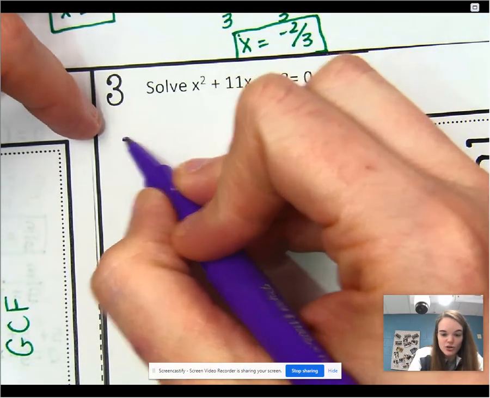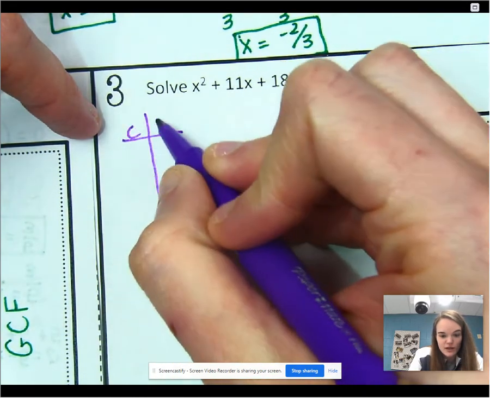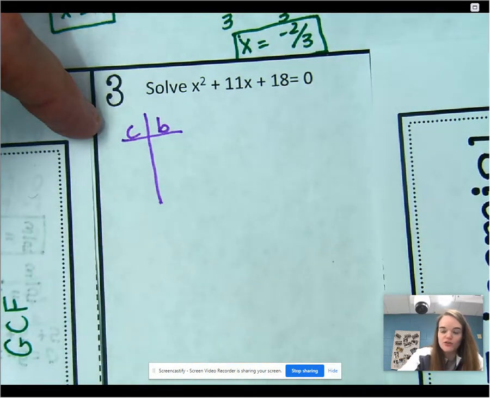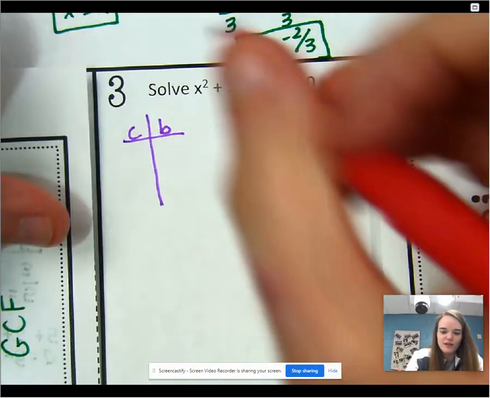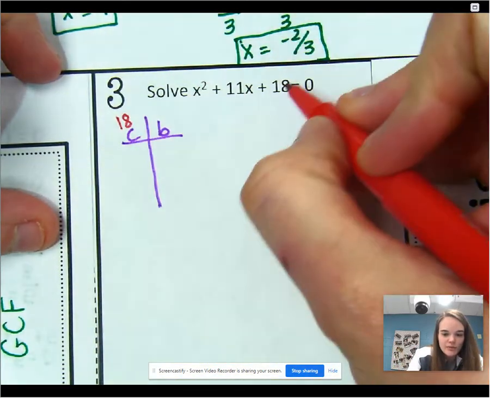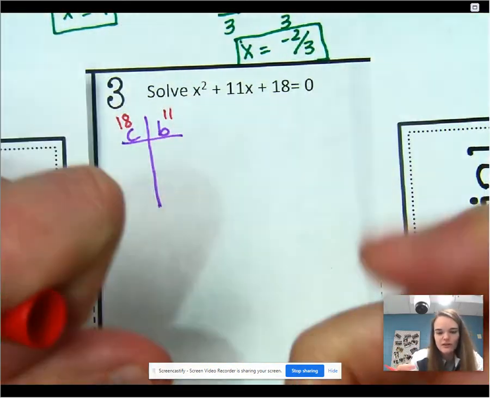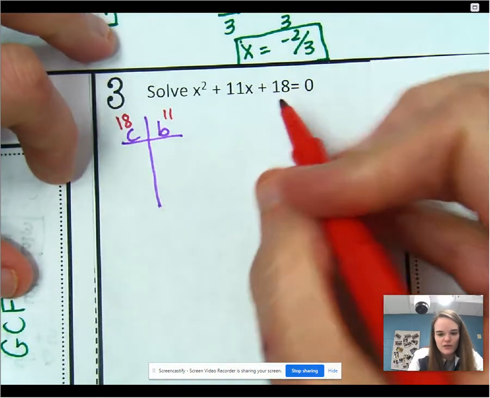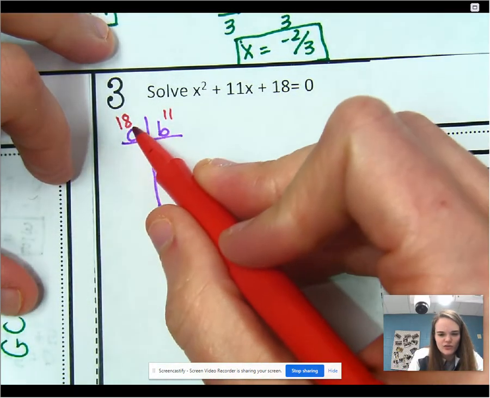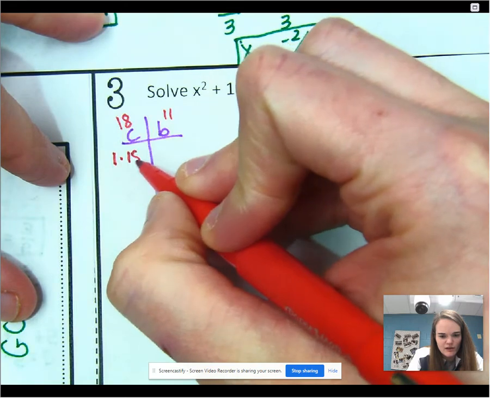Okay, so let's make our chart. C and B. Our C value is 18. Our B value is 11. Okay, so let's see. Factors of 18, 1 and 18.